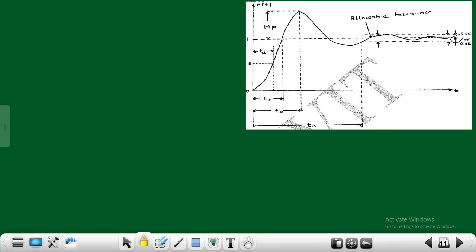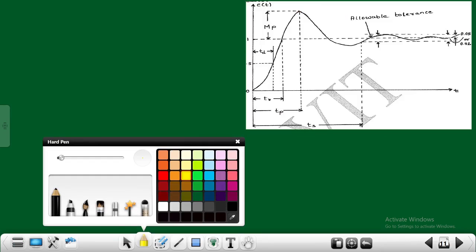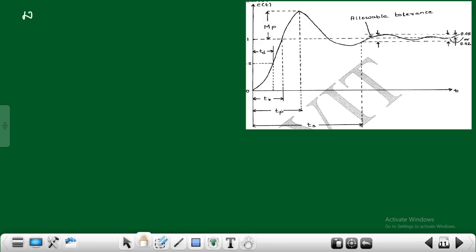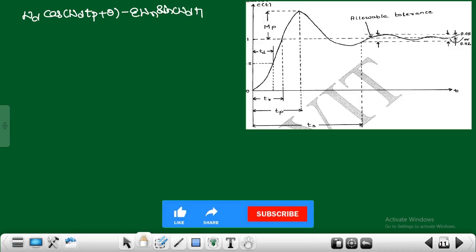What is the second term we got? That is omega d cos of (omega d Tp plus theta) minus zeta omega n sin of (omega d Tp plus theta) is equal to 0.